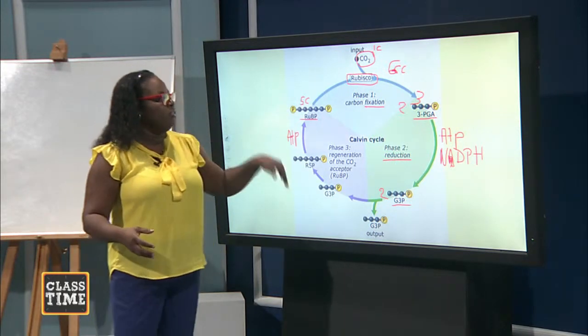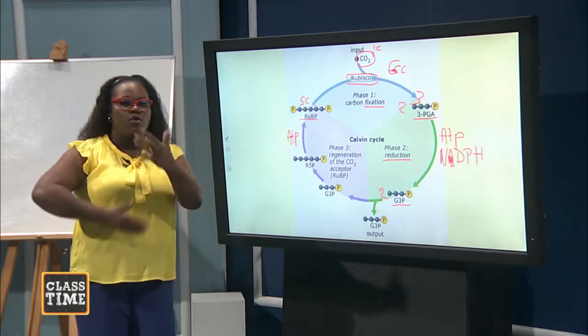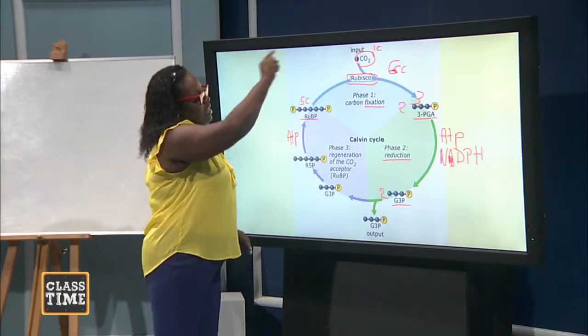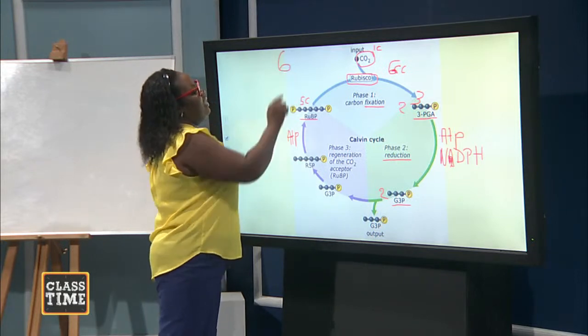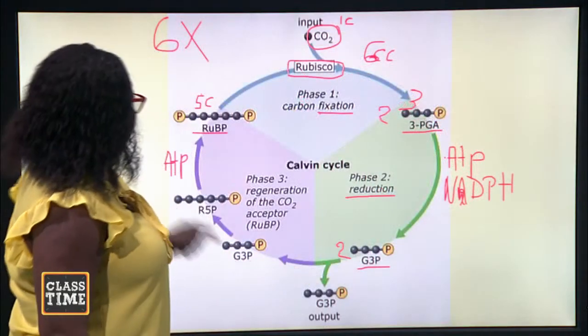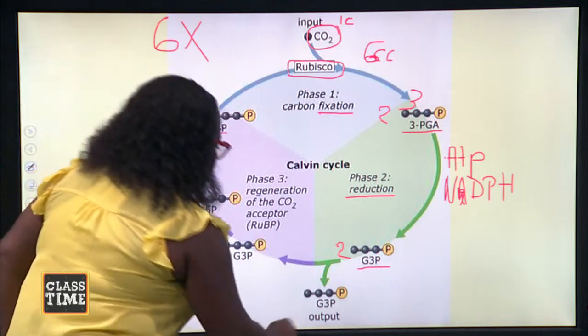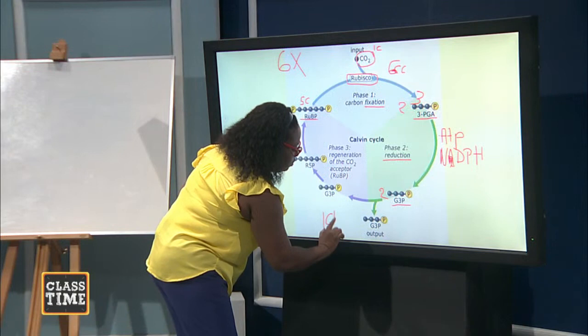And so this process is happening millions and millions of times over and over again. Every time this cycle goes on 6 times, it has to happen 6 times, you get an output of 1 glucose.